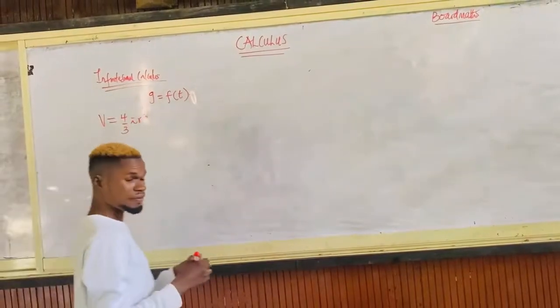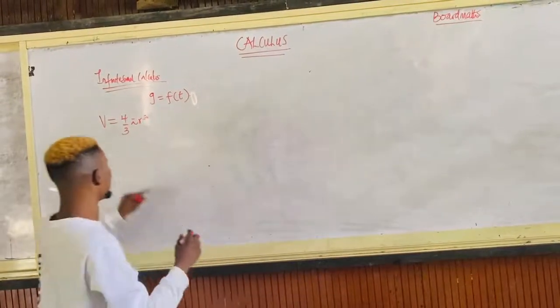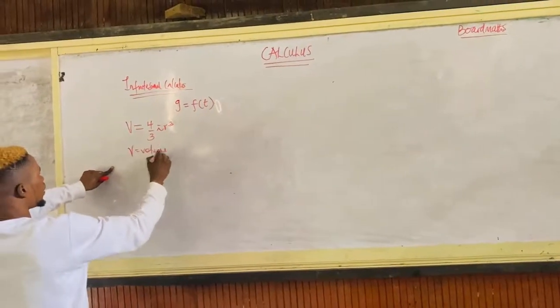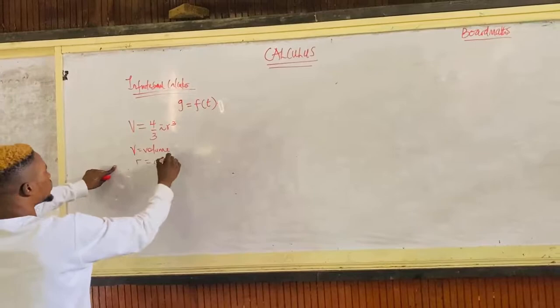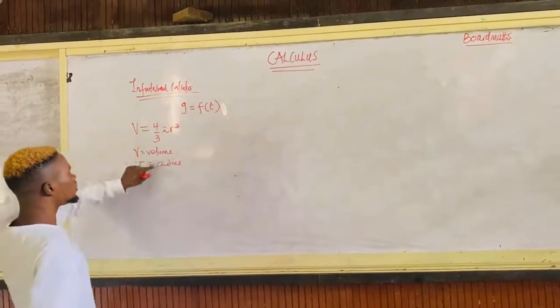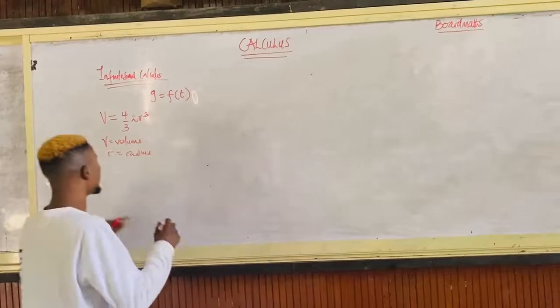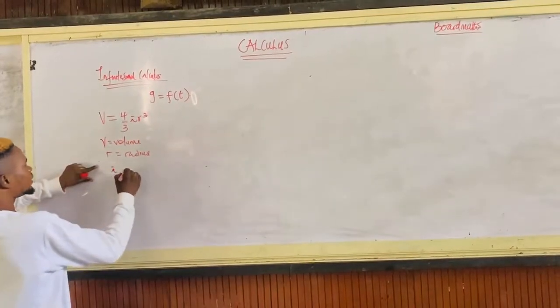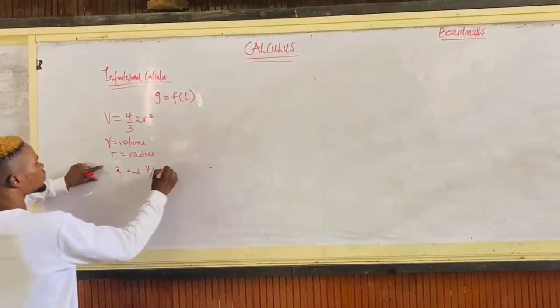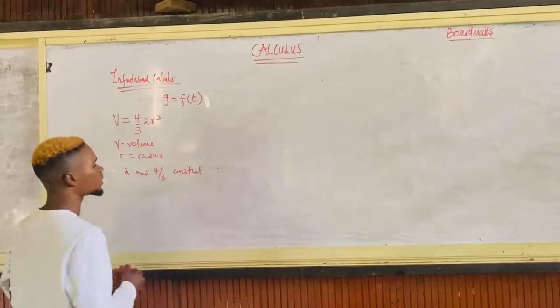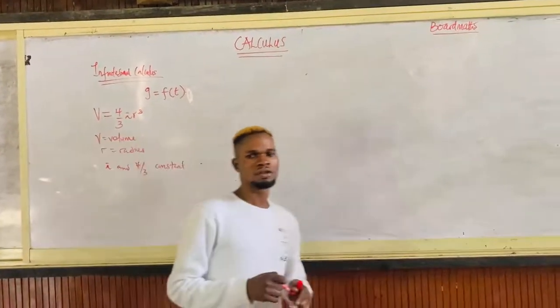This V is called the volume of the sphere, and the r is the radius of the sphere. Now this volume and radius, they are variables, while the pi and 4/3 are called constants.